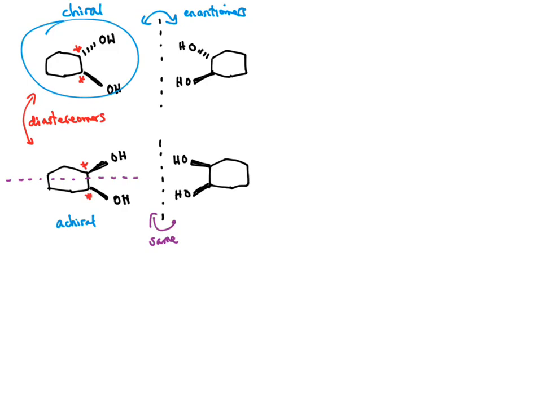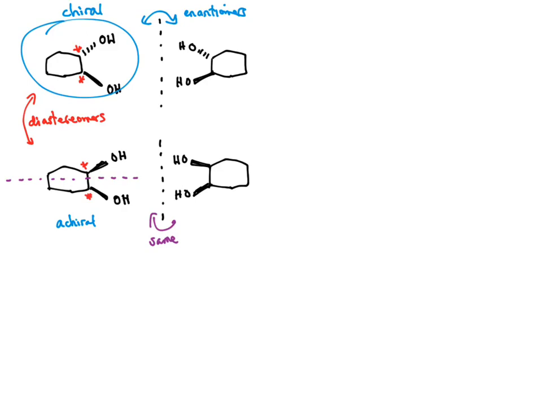And you can think about it as sort of the top half of the molecule rotating plane polarized light to the left, and the bottom half of the molecule rotating plane polarized light towards the right, or vice versa. And those two things will cancel one another out. And so overall, the optical rotation will be 0. And this is the reason why it's achiral. It does not rotate plane polarized light.